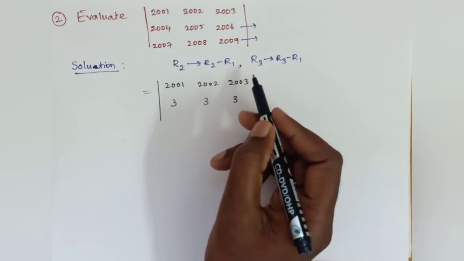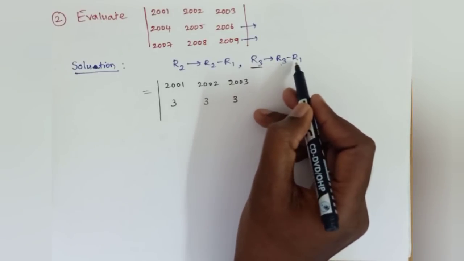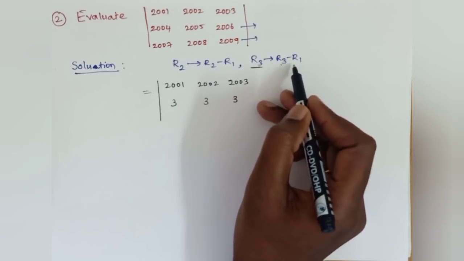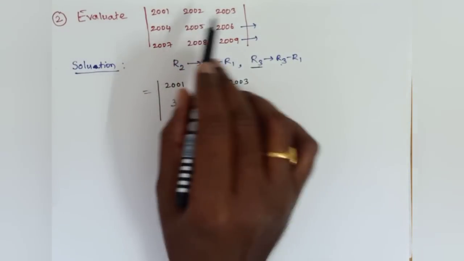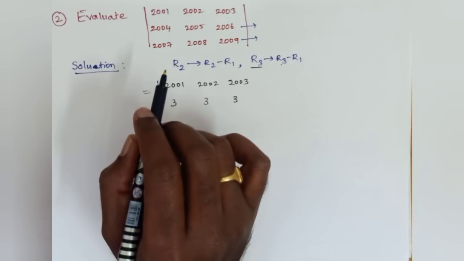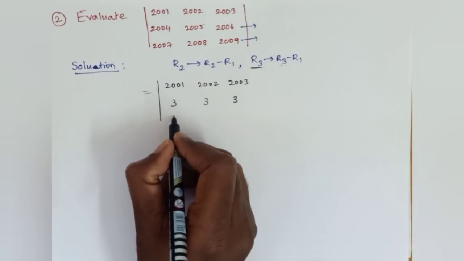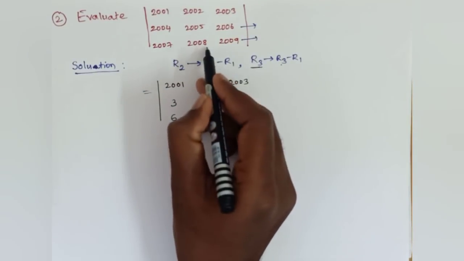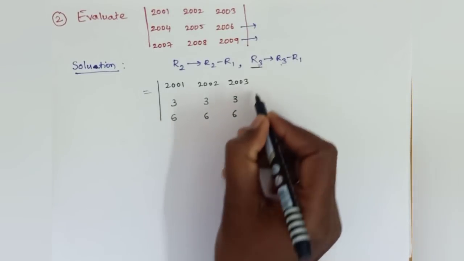And apply the similar operation for row 3, that is row 3 minus row 1. The corresponding elements of row 3 are subtracted from row 1 elements. Now it is 2007 minus 2001, that is 6. 2008 minus 2002, again 6, and it is also 6.